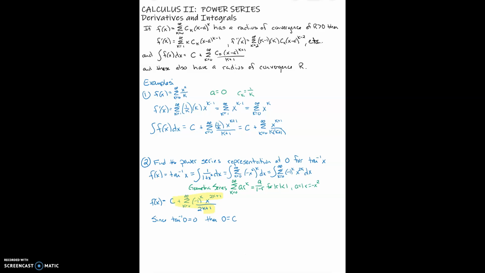I'm just going to replace the x with 0. So we get c plus the sum as k goes from 0 to infinity of negative 1 to the k times 0 to the 2k plus 1 over 2k plus 1.